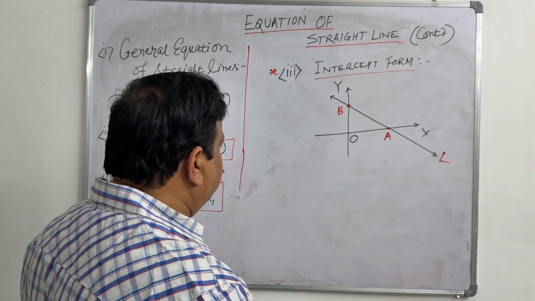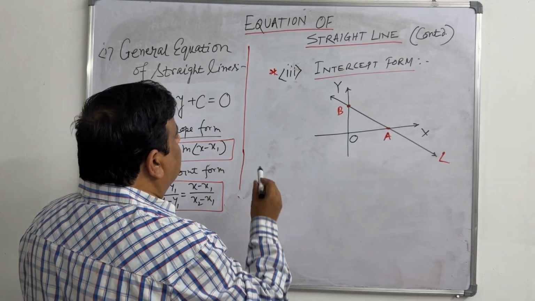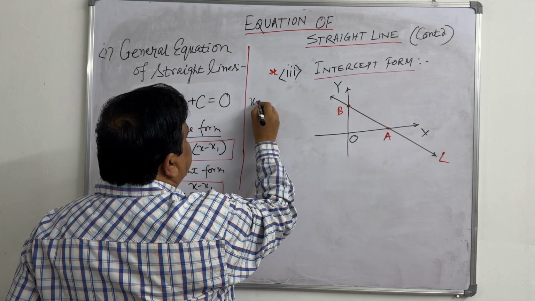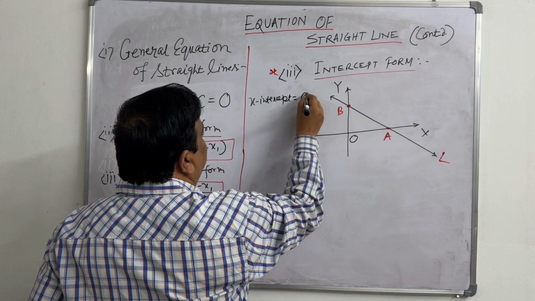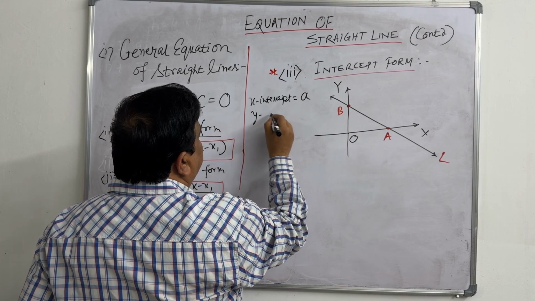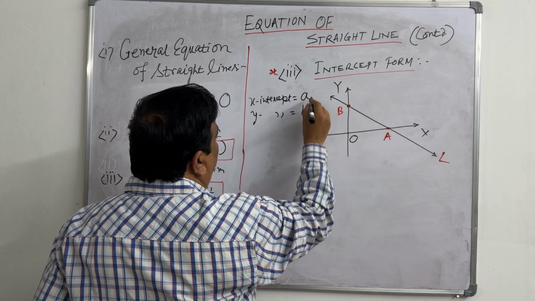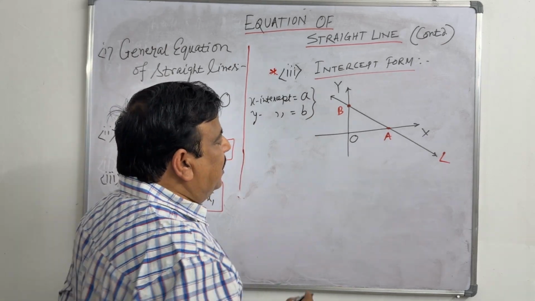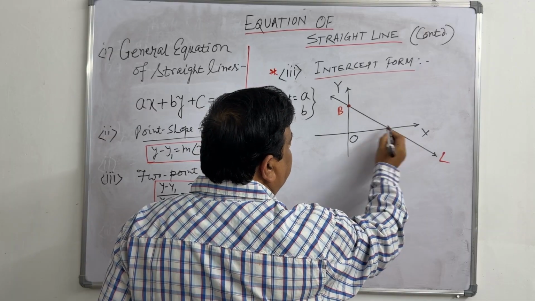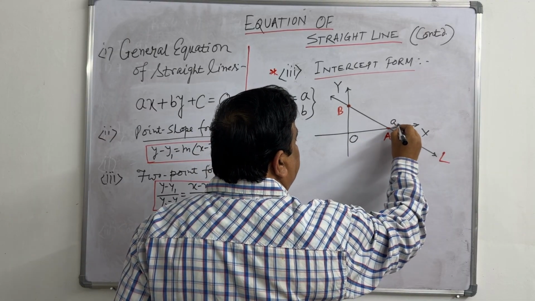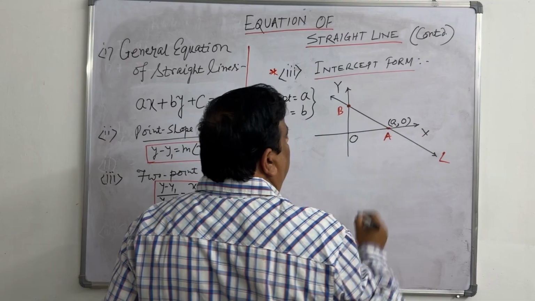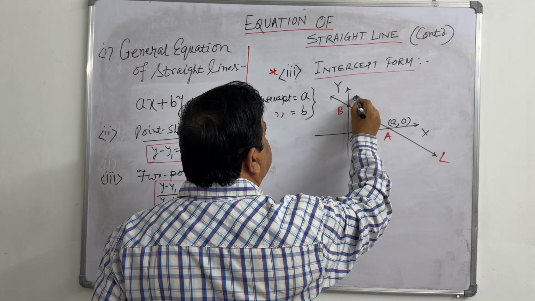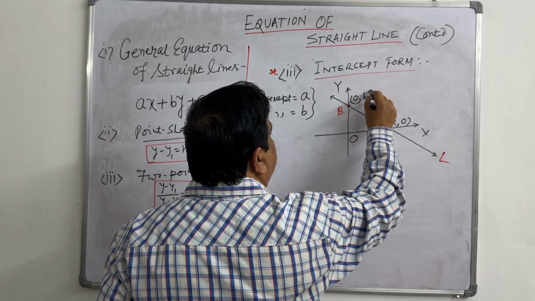What is the geometrical meaning of this concept? Intercepts are given. Say x-intercept is equal to small a and y-intercept is equal to small b. These are given. So obviously, what will be the coordinate of the point A? It will be (a, 0). And what is the coordinate of the point B? That is (0, b). Is it clear?